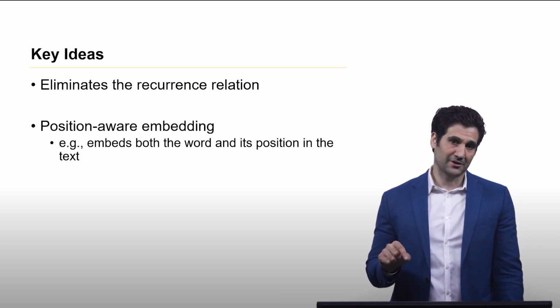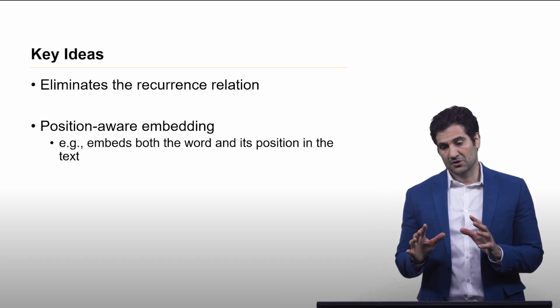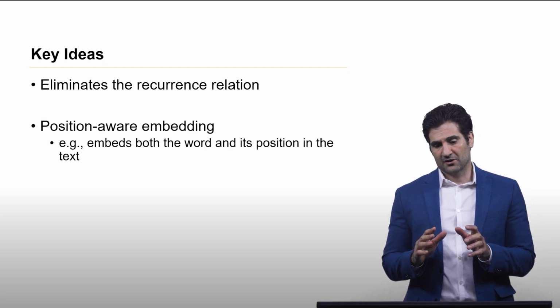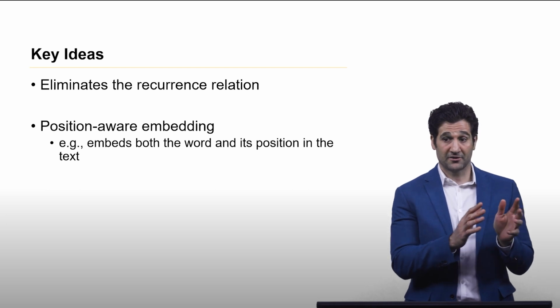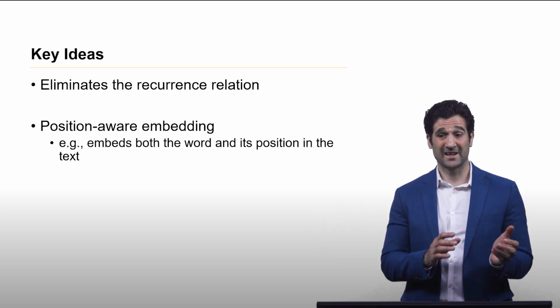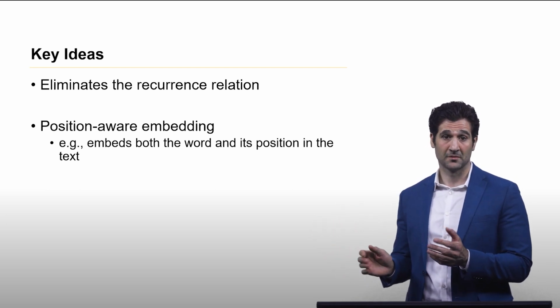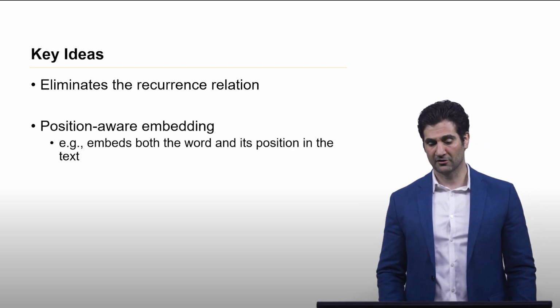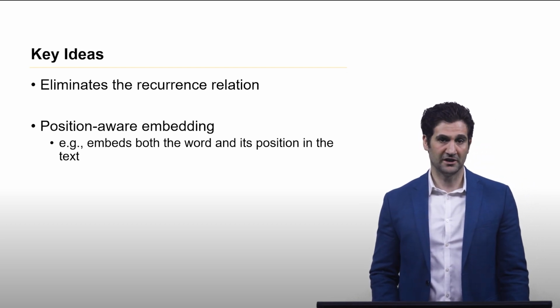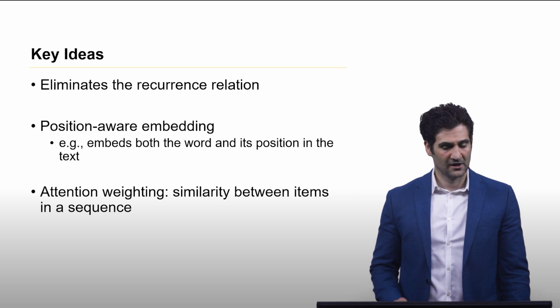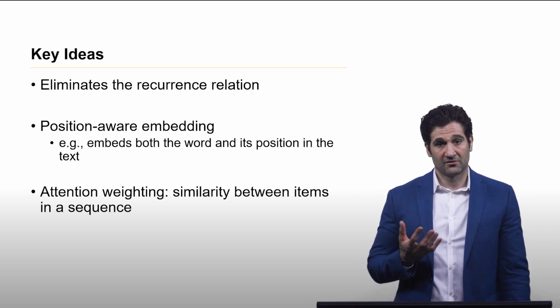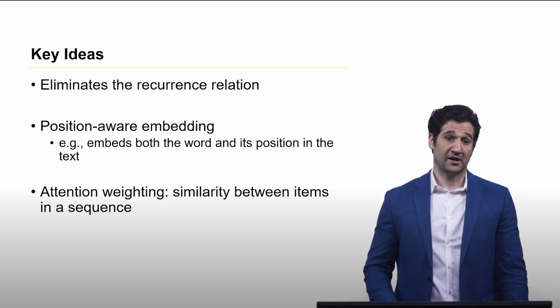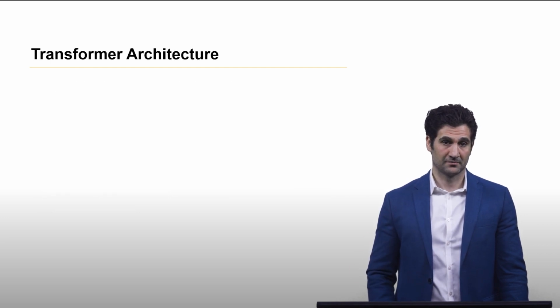And this is really interesting because we are now able to talk about the different inputs in relation to each other based on the inputs themselves. And you'll see why a little later. This is a really neat idea. This idea of attention weighting is a way of weighting similarity between items in a sequence.